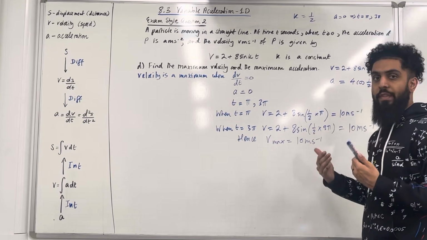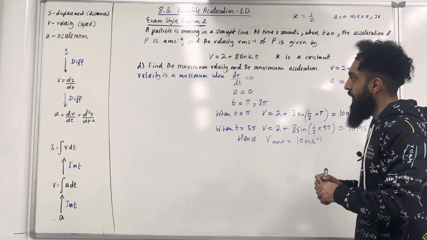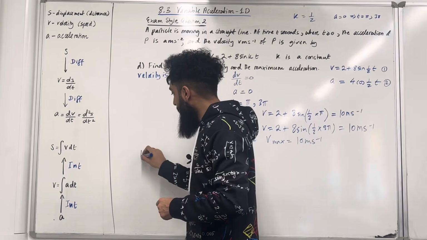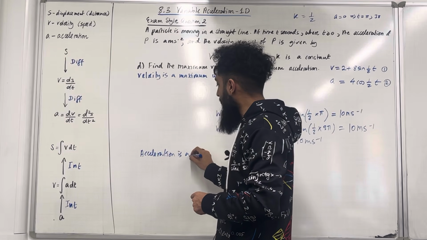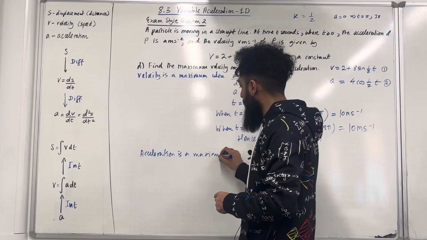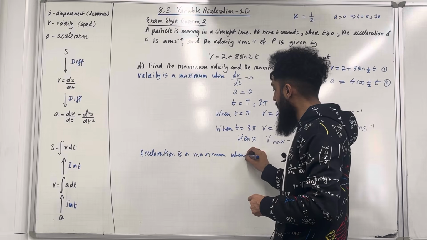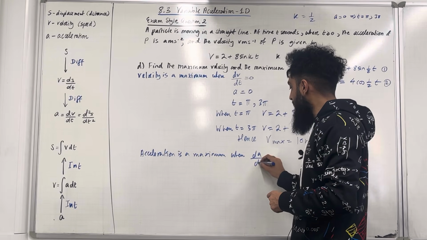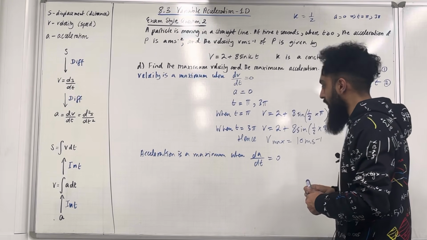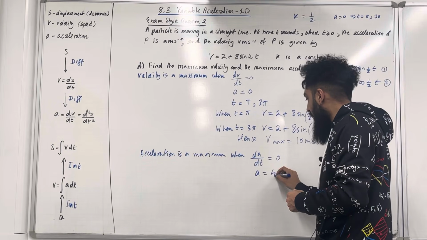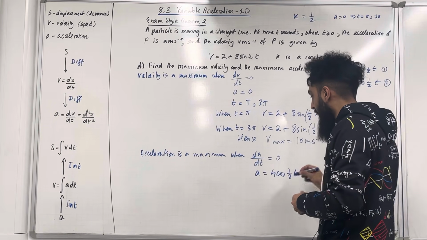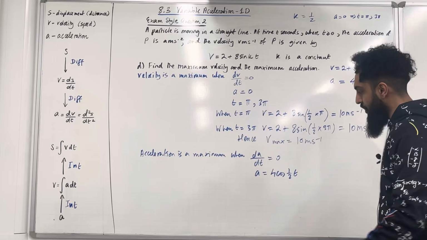Now, we also want the maximum acceleration. So, acceleration is a maximum when dA over dt is equal to 0. Now we know that a is equal to 4 cos a half t. This was shown in the previous part of the question.